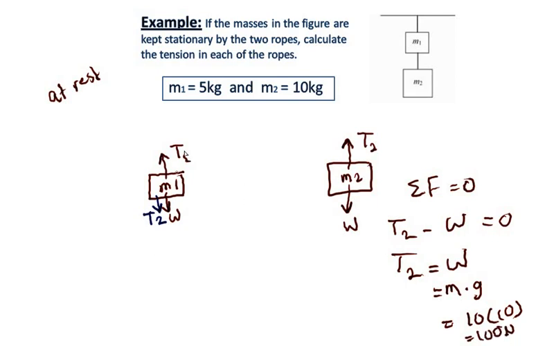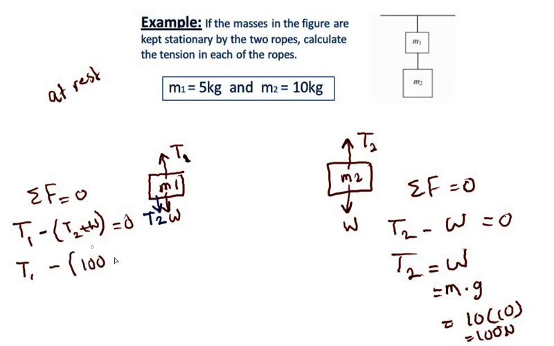Let's go back to M1. For M1 also, sigma F equals 0. So T1 minus both of these, T2 plus the weight, is 0. T1 is unknown, minus T2, which is 100, plus the weight of mass 1.